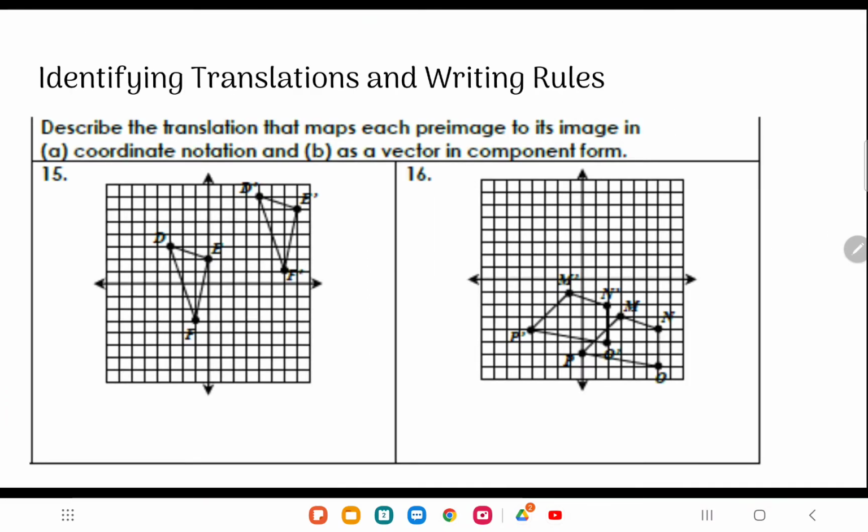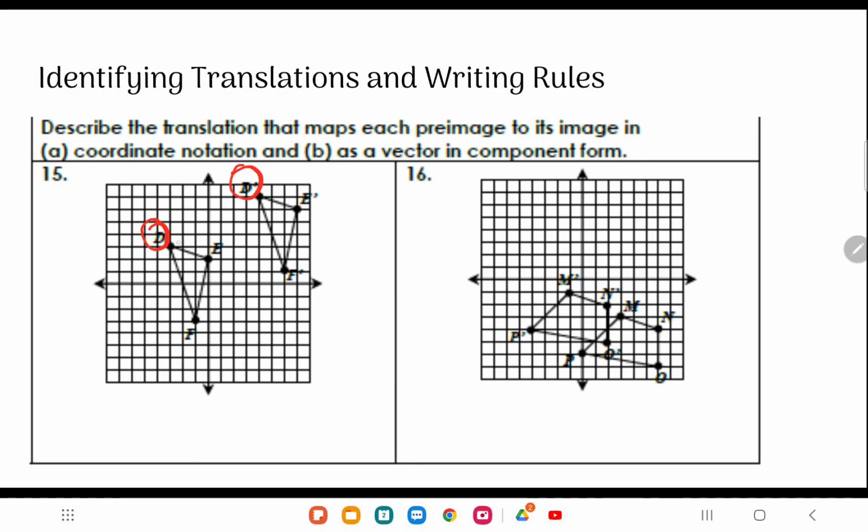Finally, we want to be able to identify translations and write rules. We want to describe the translation that maps pre-image to image in coordinate notation and as a vector in component form. So I notice that I start here at point D and I end up here at point D prime.